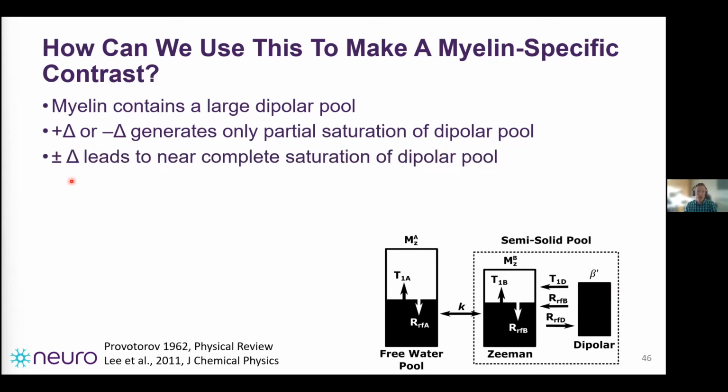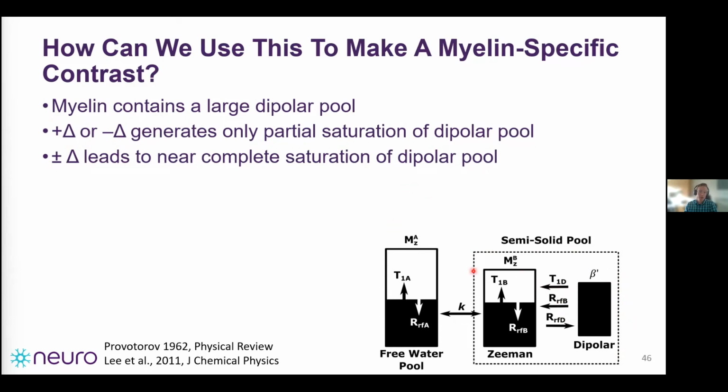If you then also acquire an image with dual frequency saturation, so if initially you acquired an MT pulse with, say, 7,000 kilohertz off resonance, or negative 7,000, and then you acquired one where you're dually saturating at both positive and negative 7,000, you get near complete saturation of this dipolar pool.